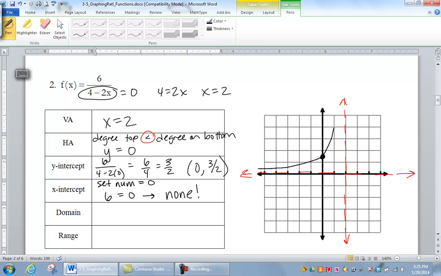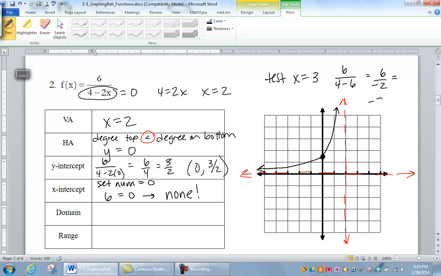It's going to go through that point and then approach the asymptotes but never cross them. So I need to do some kind of an x value over here. So I'm going to test x equals, the asymptote's at 2, so I could do 3 or 4, it doesn't matter. I'll do 3 again. So when I plug in 3 for my x value, I get 6 over 4 minus 6. 6 over negative 2.